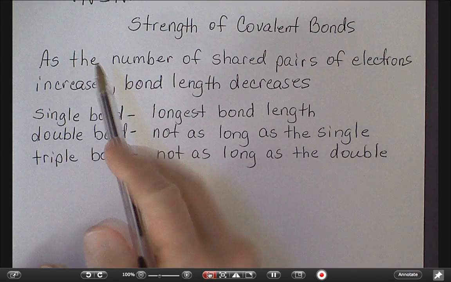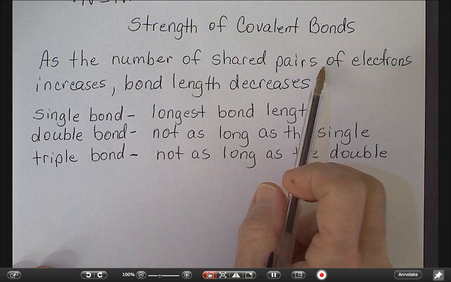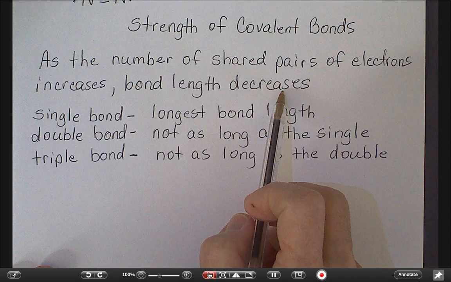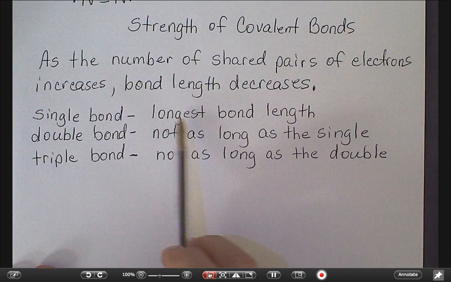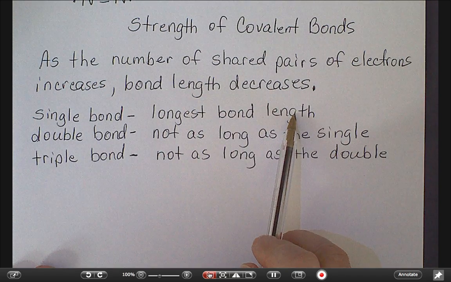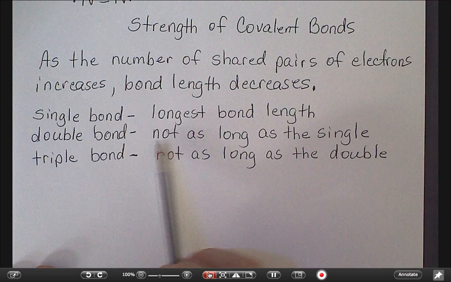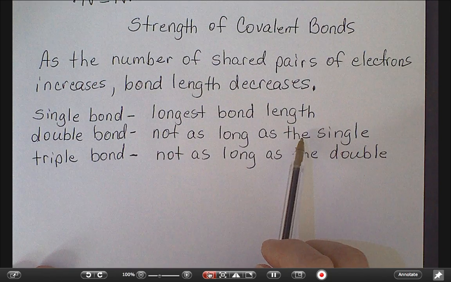Okay, so if you read this statement here, as the number of shared pairs of electrons increases, bond length does what? Decrease. Okay, so the single bond has the longest bond length. Now when you get to a double, that length has shortened, hasn't it?